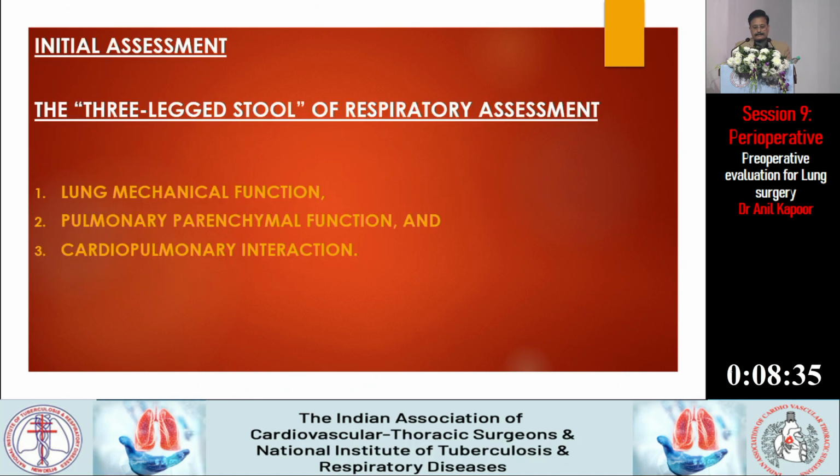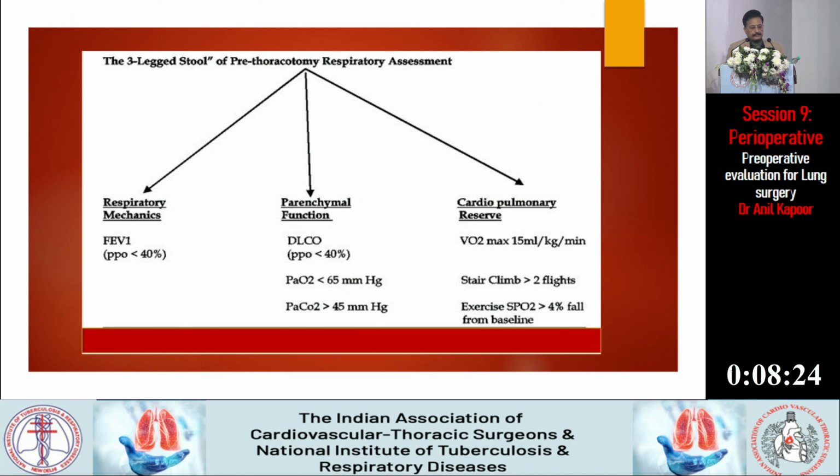The three-legged stool test for respiratory assessment, as we all know, is the lung mechanical function, the pulmonary parenchymal function, and cardiopulmonary interaction. So respiratory mechanics is diagnosed by spirometry, and parenchymal function can be assessed by DLCO, PaO2 and PaCO2 on ABG.